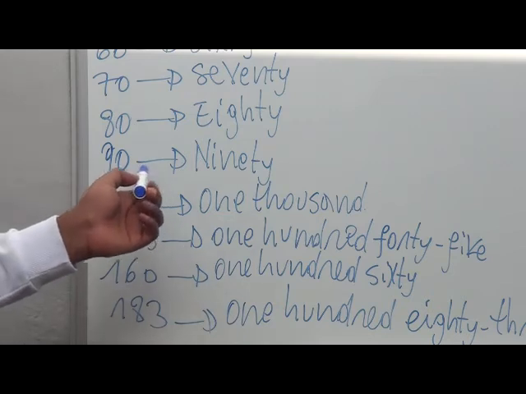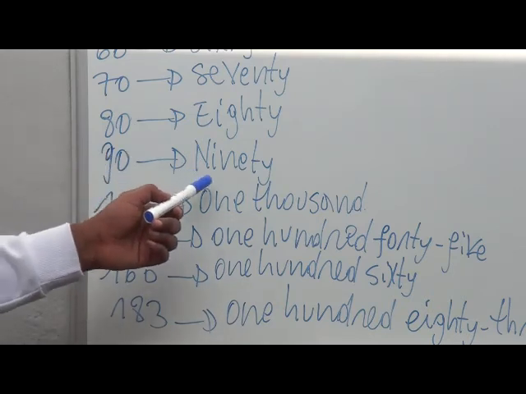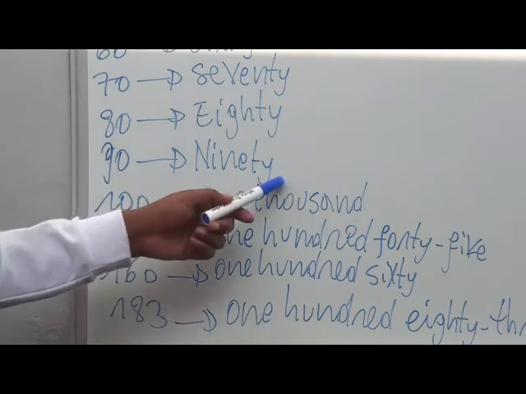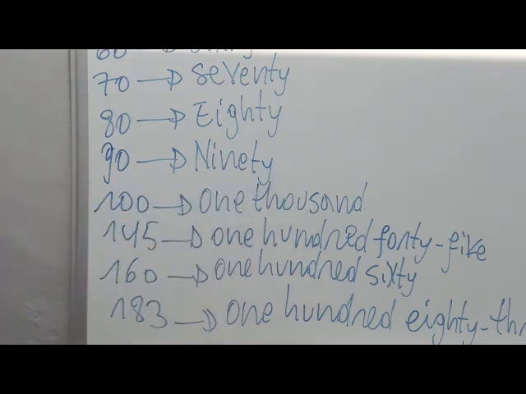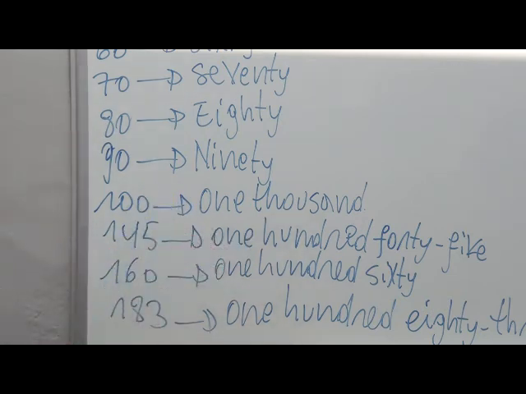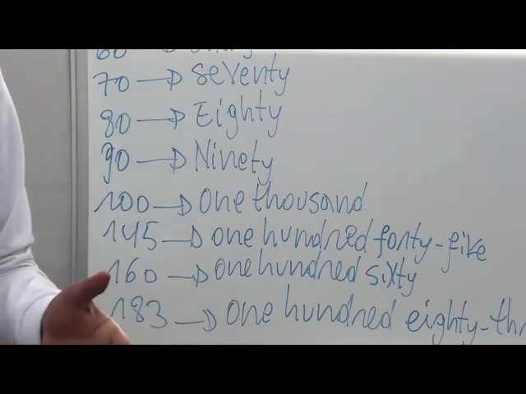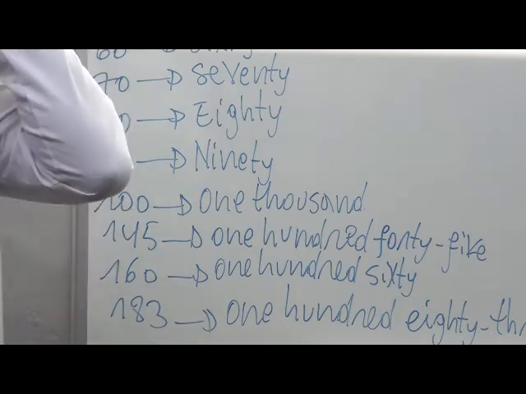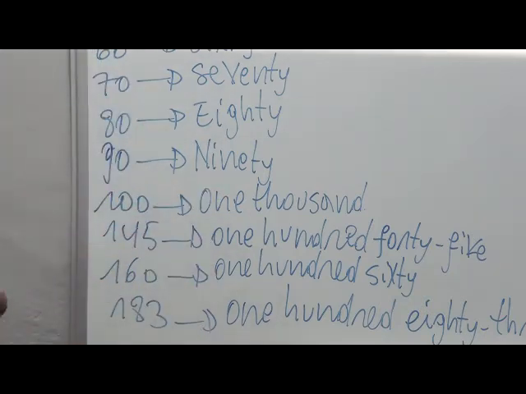And here we have 90. And after 90 we have 100. You will hear some people saying "a hundred" or "one hundred". There is no problem to say one of them. They are all accepted.